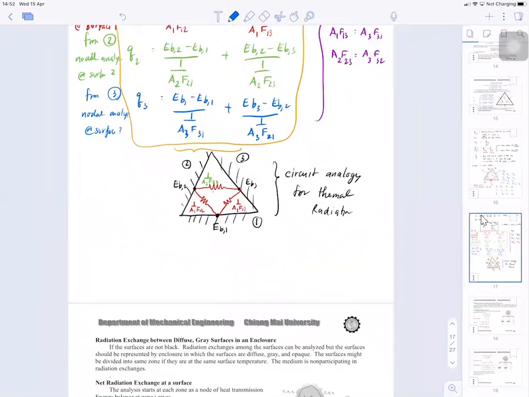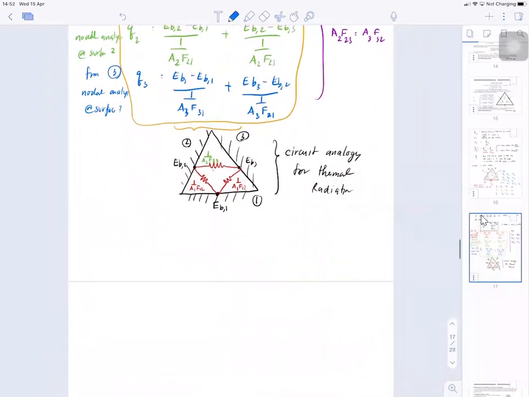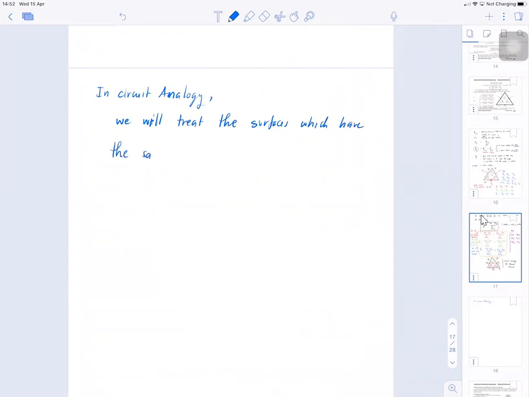Now, before going further, in circuit analogy from now on, we will treat the surfaces which have the same temperature as one single surface.